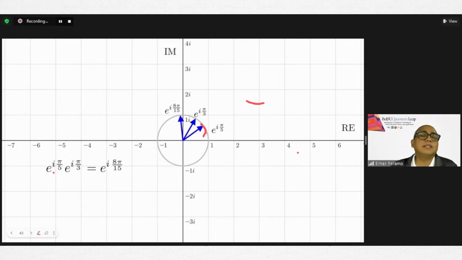Like for example, in this case, this is a complex number and this is another complex number. If you multiply them together, since they are exponentials, you just add the value of the exponents.